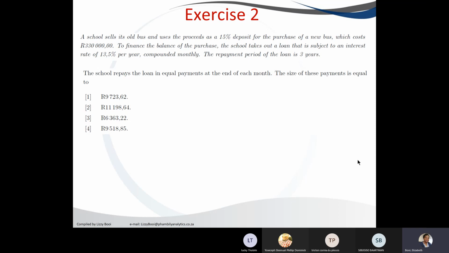So you must say 330,000 minus 330,000 times 0.15, which is our deposit. We need to subtract that deposit. So the present value will be 280,500. That should be the present value.